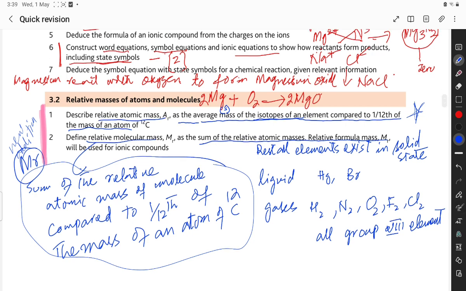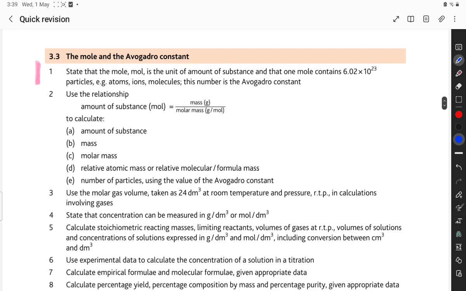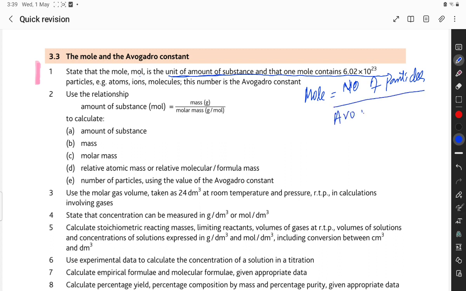Okay. So next, the mole and the Avogadro constant. State that the mole is the unit of amount of substance. This is the definition of mole, and 1 mole contains 6.02 into 10 raised to 23 particles. The formula is mole equal to number of particles divided by Avogadro number.